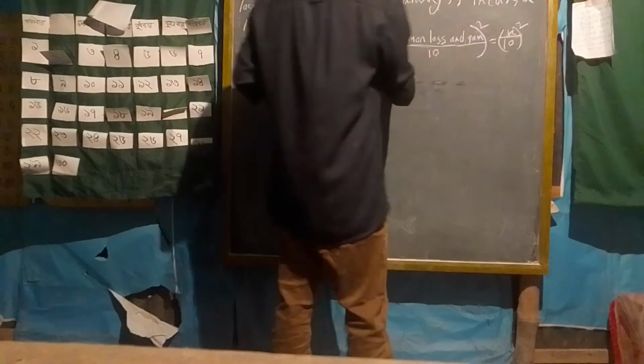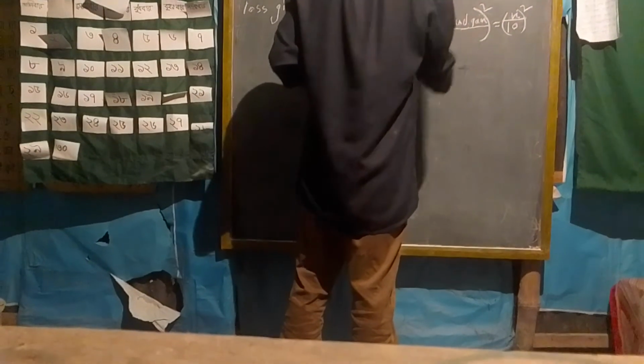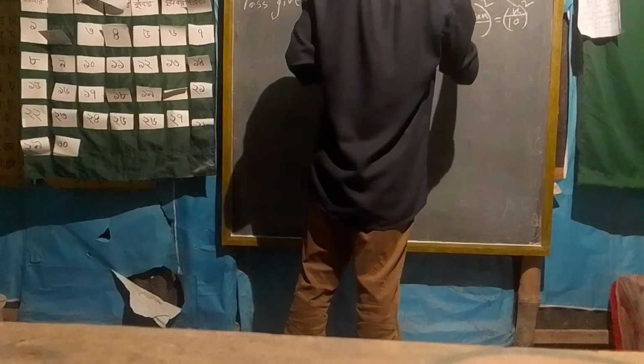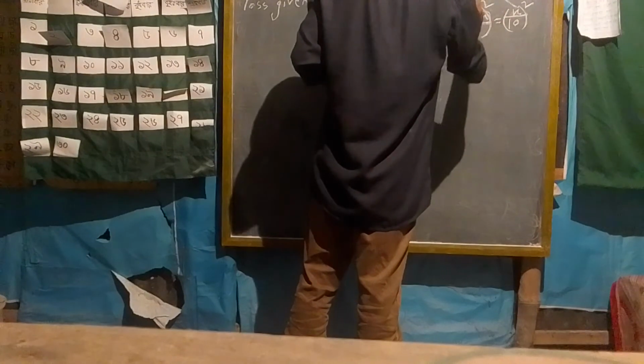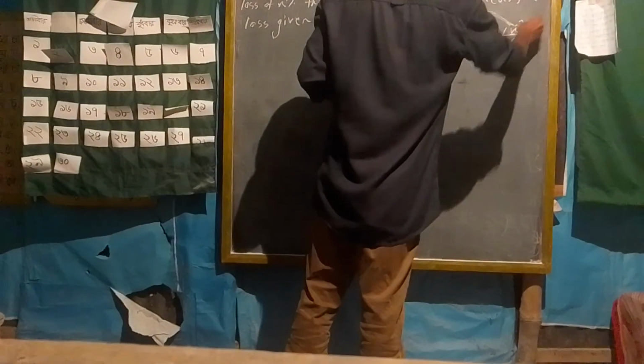We can say the loss is 2 times common loss X, or we can say 2 times common gain X, that means X by 10 whole square.